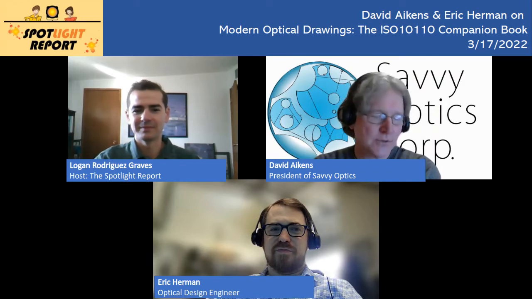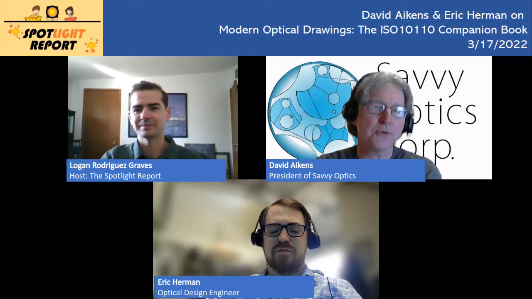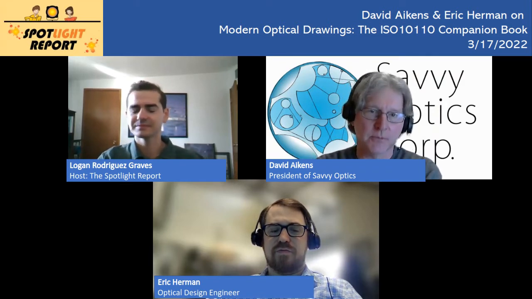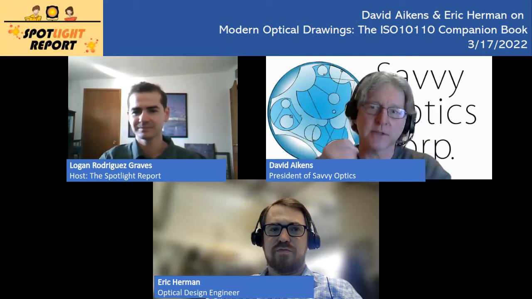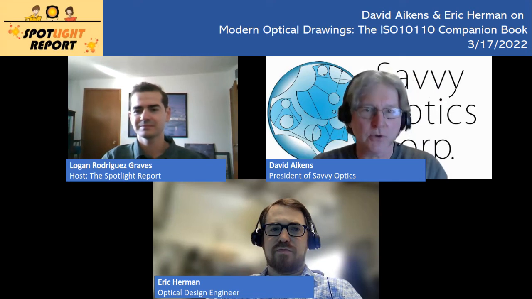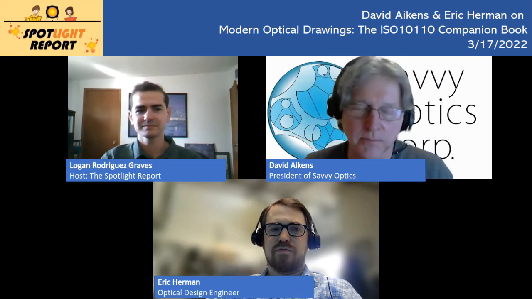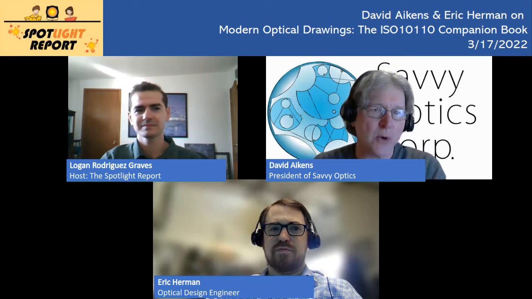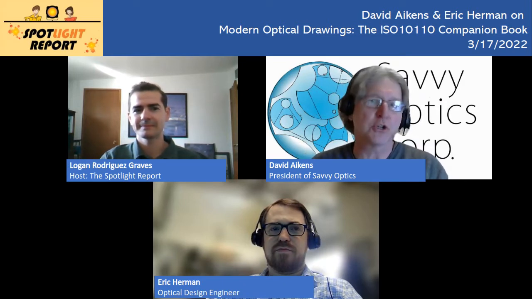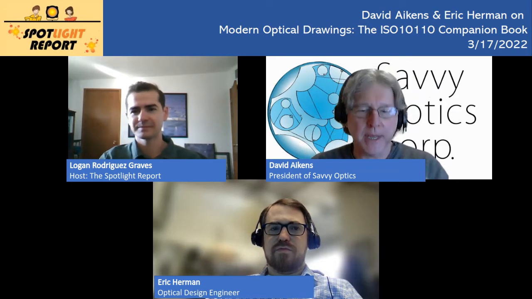So the ISO drawings actually have three broad fields in them, right? There is a drawing field, which is the bulk of the drawing itself. This is where you draw a picture of the component or the system that you want. And there are some quirks and idiosyncrasies about the optics version of that drawing, but that's sort of the top.